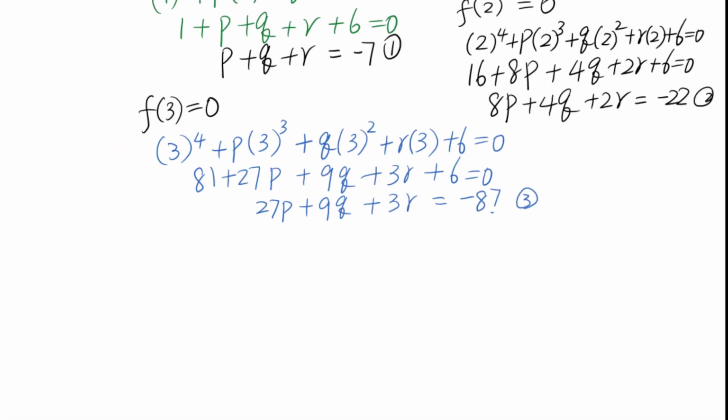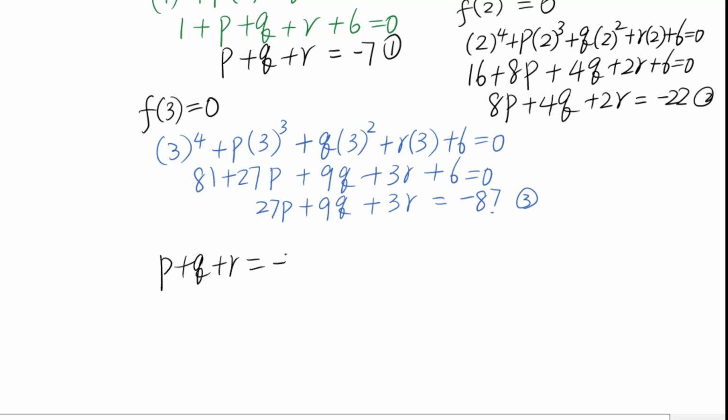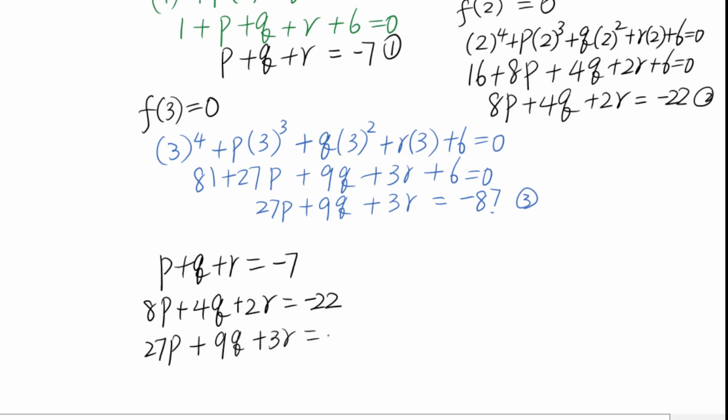three equations together. That is p plus q plus r equals negative 7. 8p plus 4q plus 2r equals negative 22. 27p plus 9q plus 3r equals negative 87.